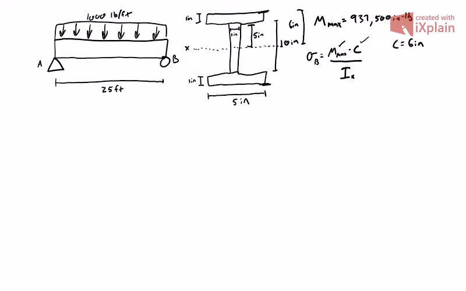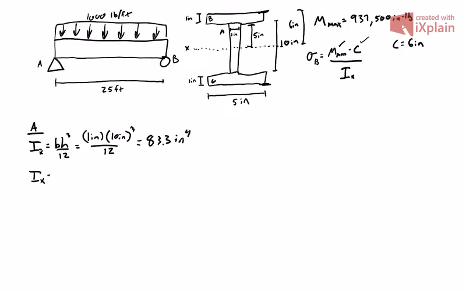Then the last thing we need is the moment of inertia in the x direction. There's no way to get out of this one. We're going to have to actually calculate the moment of inertia. Same way we've done these beam problems, I'm going to break it up into an A, a B, and a C. For A, Ix bar is base times height cubed over 12. That's 1 inch times 10 inches cubed over 12, which is 83.3 inches to the fourth.